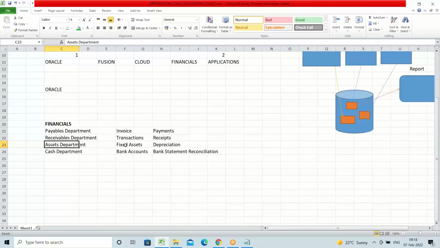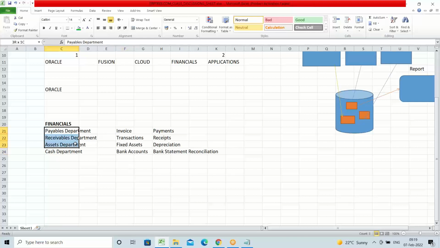Okay, they are dealing with the money, that is nothing but finance. Asset department, they are maintaining the fixed assets: land, building, vehicles, plant, computers, furniture, etc. Fixed assets means there is liquidity. You can convert the fixed assets into money. That means the asset department is also dealing with money-related matters, that is nothing but finance. Cash department, they are maintaining the bank accounts, directly maintaining the cash. The bank accounts belong to the organization.